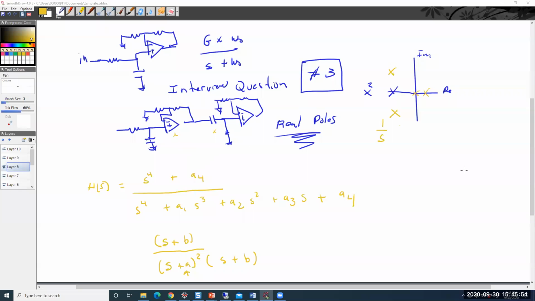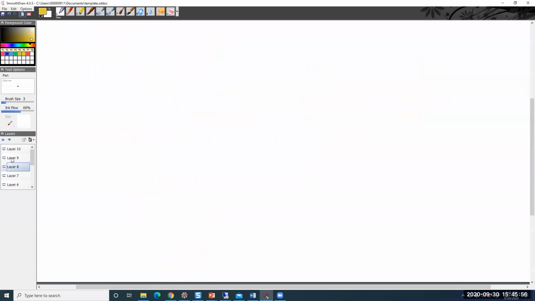Now, what you actually do, you see this 1 over S? That means I've made an integrator circuit, I'm just not drawing it out, right? I make another integrator circuit, I'm not drawing it out.